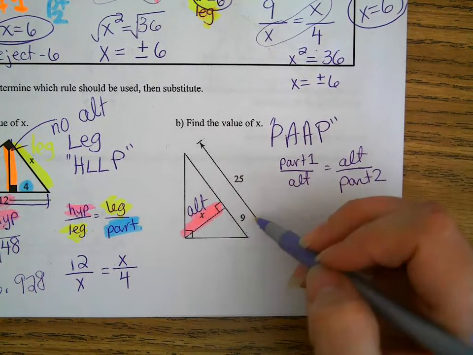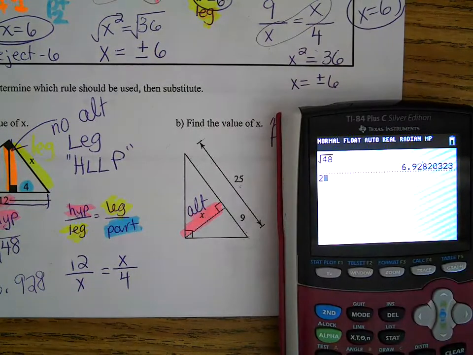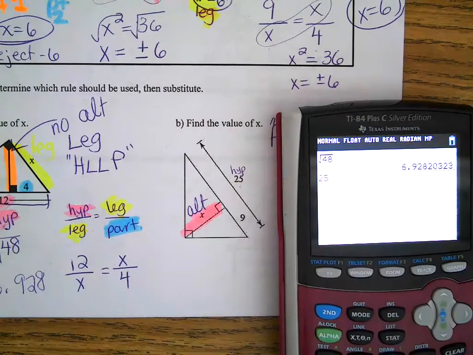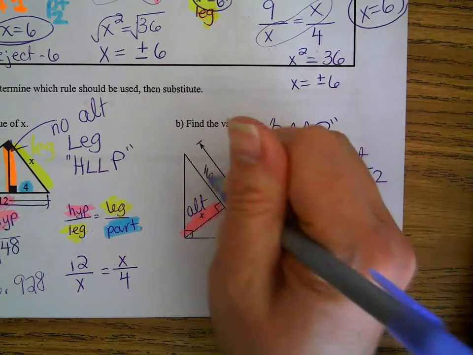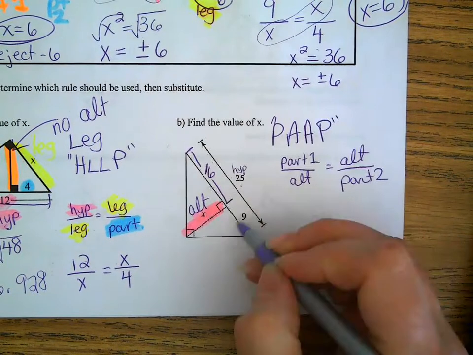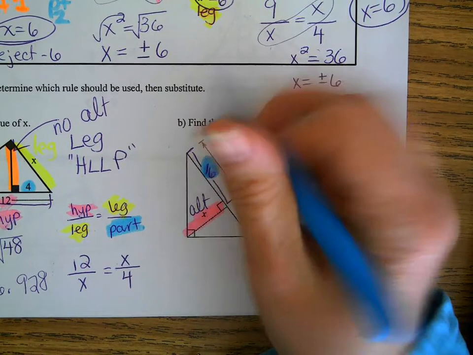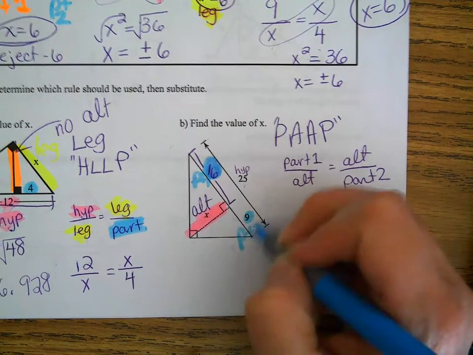Well, I don't know the 2 parts right now, so we do have to do a little subtraction. So if I know the whole hypotenuse, remember this 25 is representing the whole hypotenuse. Subtract 9, we get 16, is the measure from here to here. So these are our 2 parts. So 16 is the part 1, and the 9 is going to be part 2.